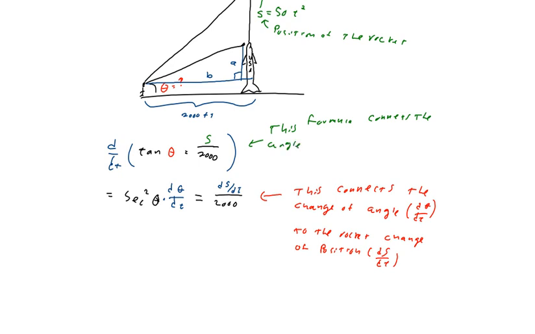This formula here calculates the angle theta using the rocket position S. So it calculates or connects the angle theta to the rocket position.